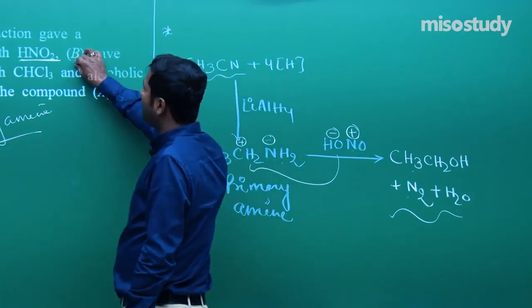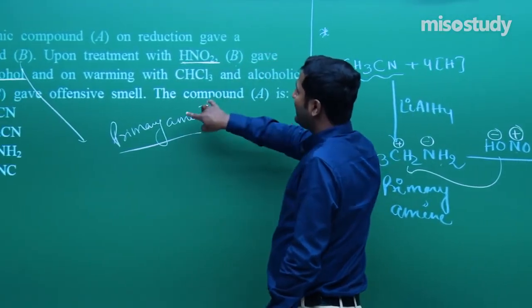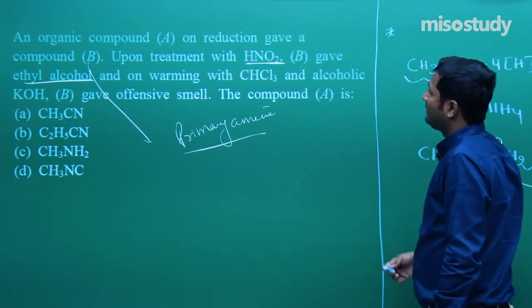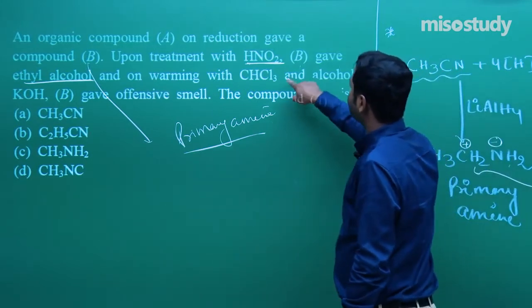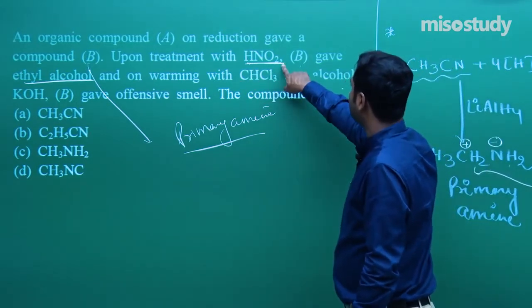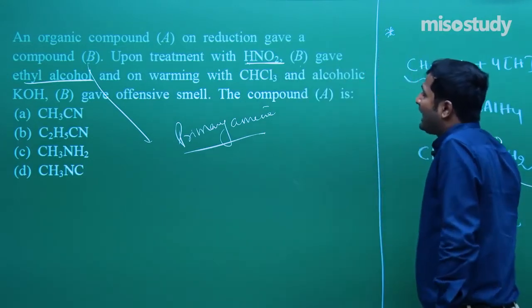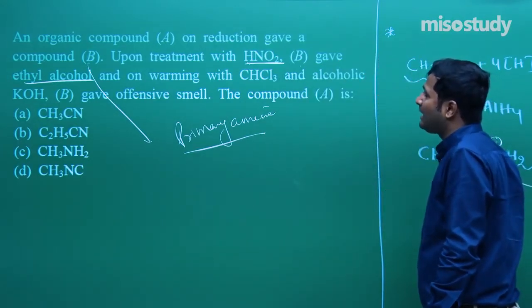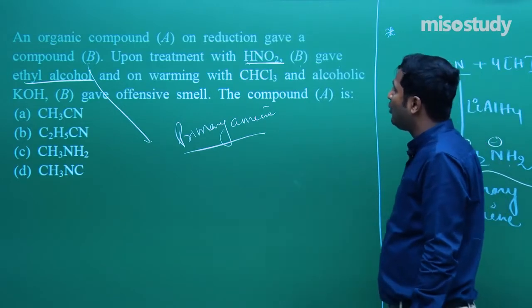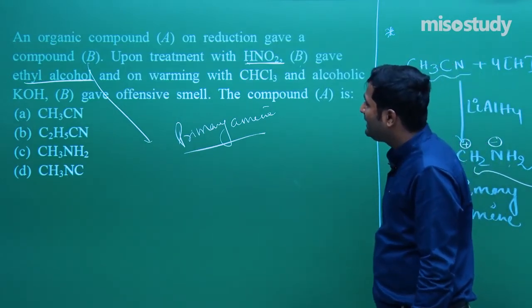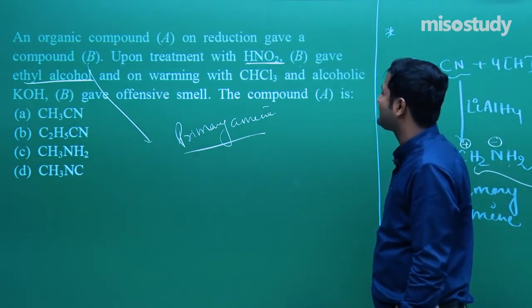B gave ethyl alcohol upon treatment with HNO2. And on warming with CHCl3 and alcoholic KOH, B gave an offensive smell.